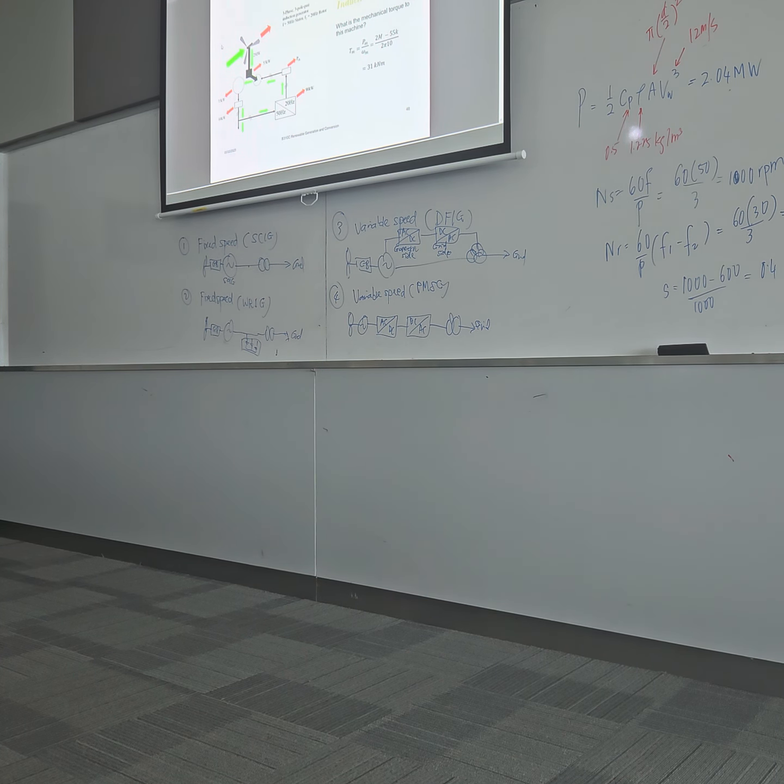And omega M is 2 pi F. Okay, it should be 20. I think this should be 20. You should be using the frequency of the rotor, so it should be 20, and you should get your torque as the result.